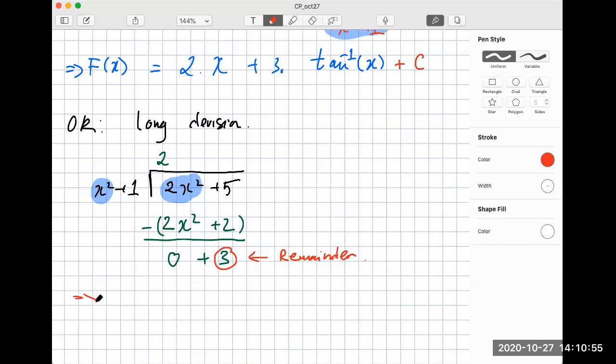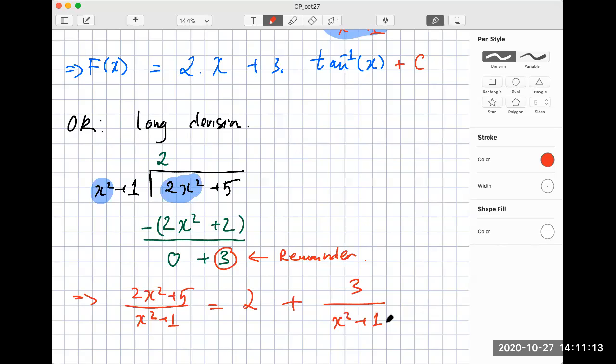Therefore, 2x squared plus 5 divided by x squared plus 1 will be 2 plus 3 divided by x squared plus 1, right?